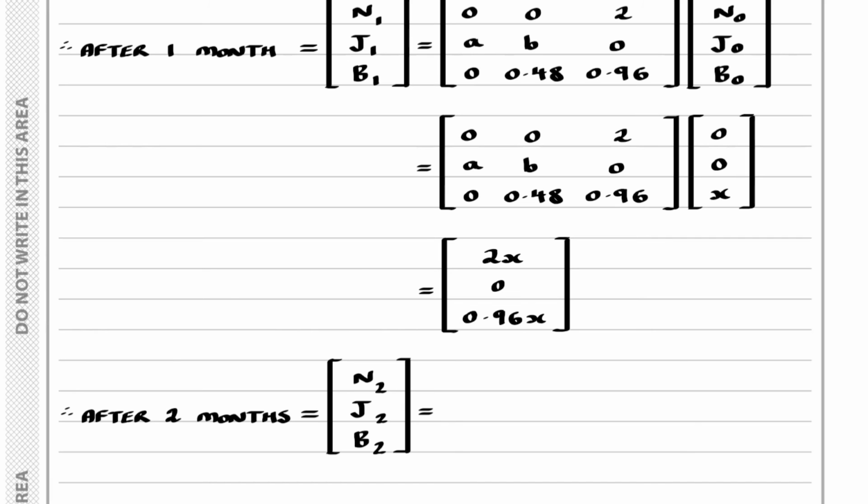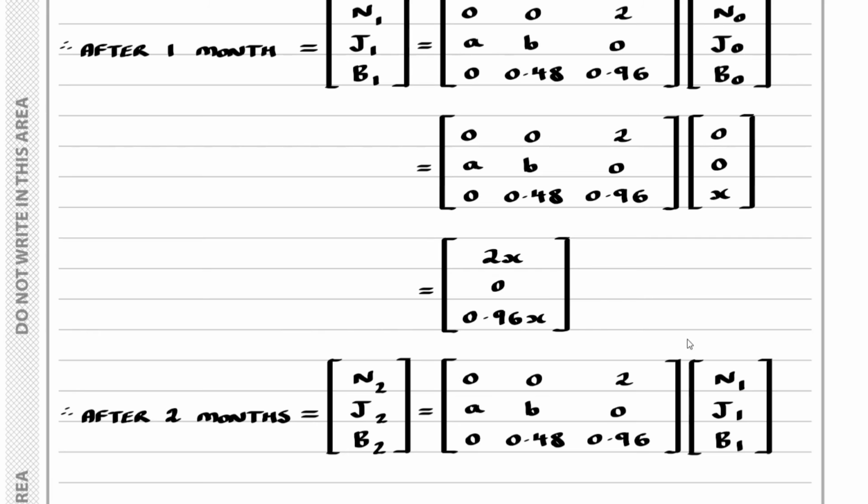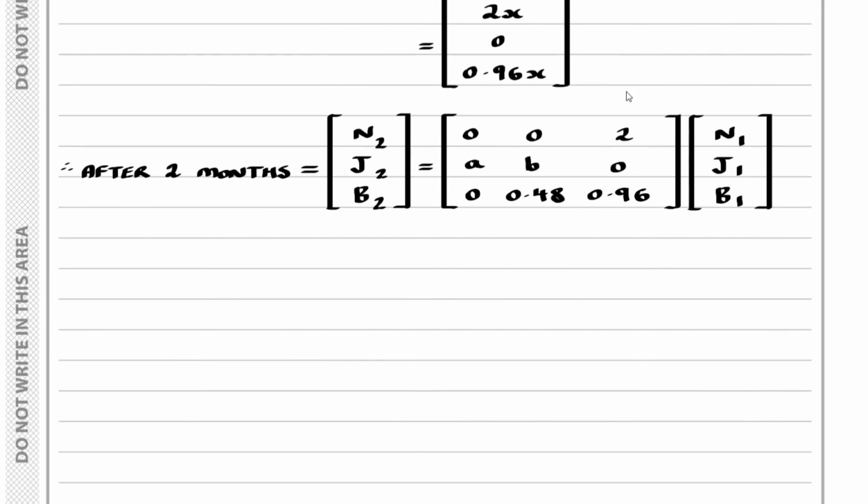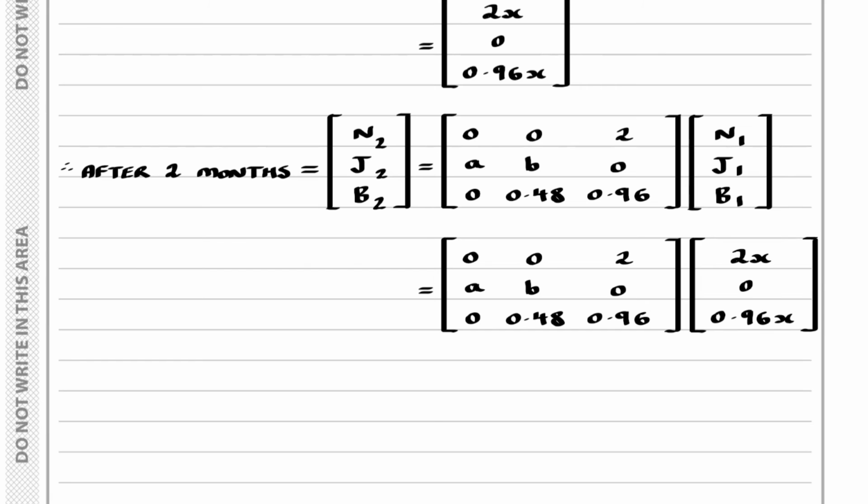That's equal to this 3 by 3 matrix multiplied by n1, j1 and b1, which I've just worked out: 2x, 0, 0.96x. So I've got 0 times 2x plus 0 times 0 plus 2 times 0.96x, which is 1.92x.